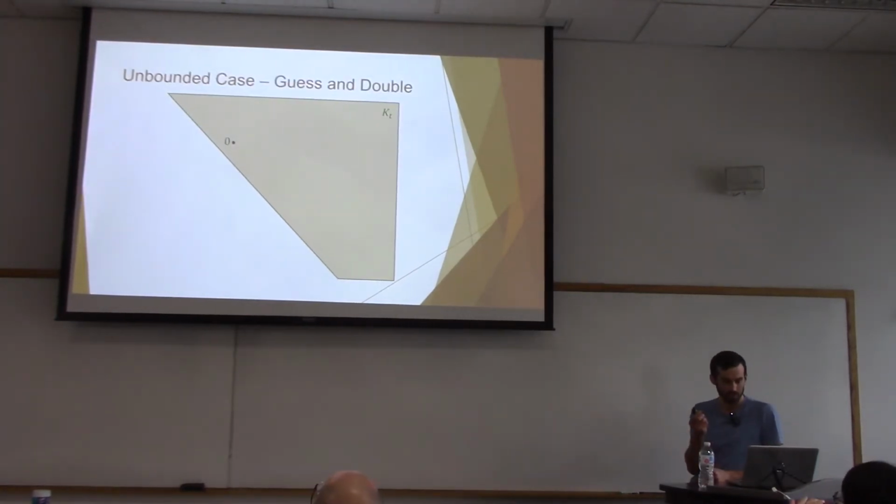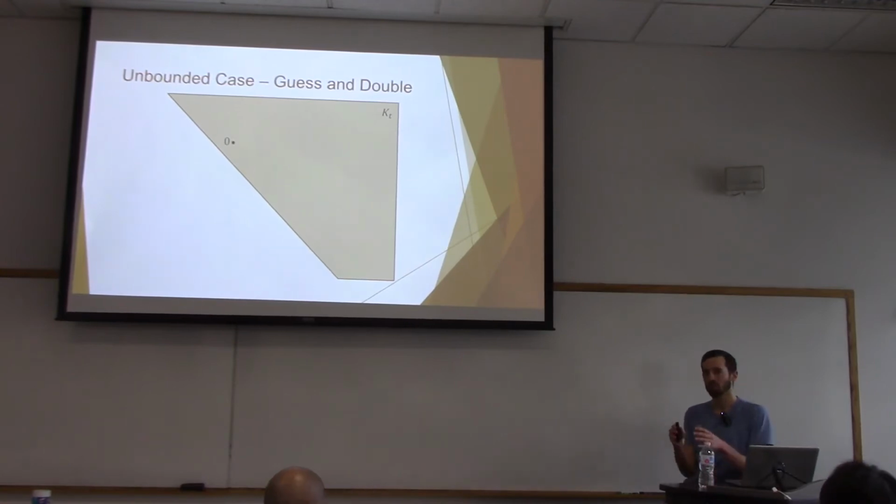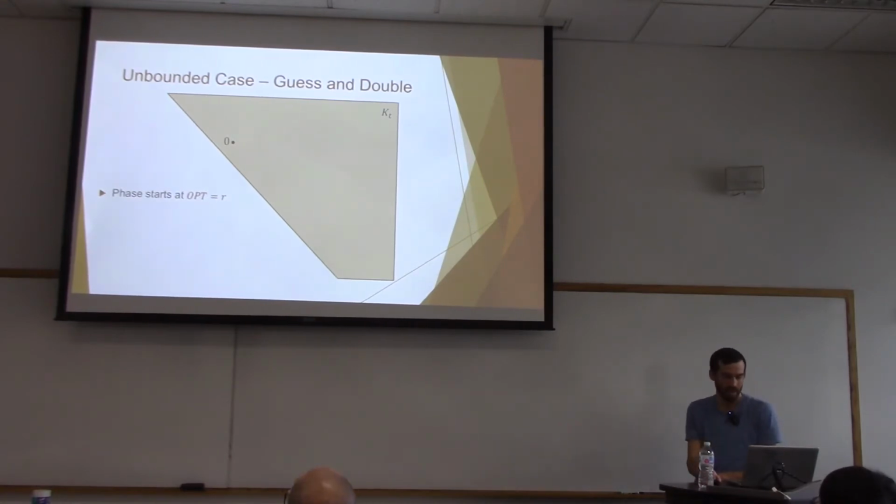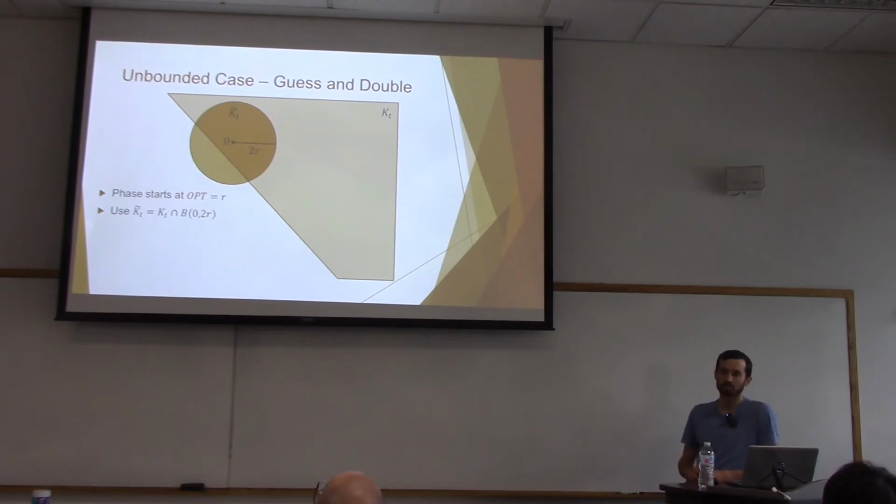Now to deal with the boundedness assumption, if I'm working in the unbounded case, I'll employ a sort of guessing and doubling strategy that will allow me to work within phases on bounded sets. So I'll start a phase and calculate opt just using some offline calculation up to this time. I can figure out what the optimal cost is. And I'll now make a ball of radius 2r centered at the origin. Again, r was the cost of opt.